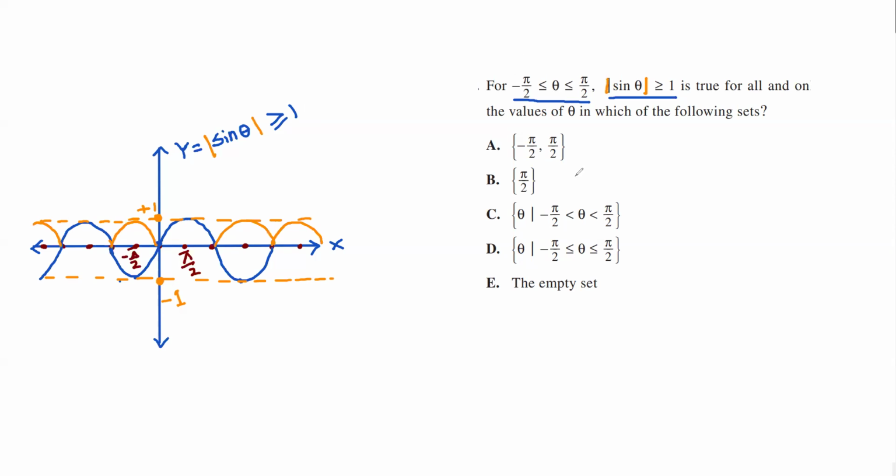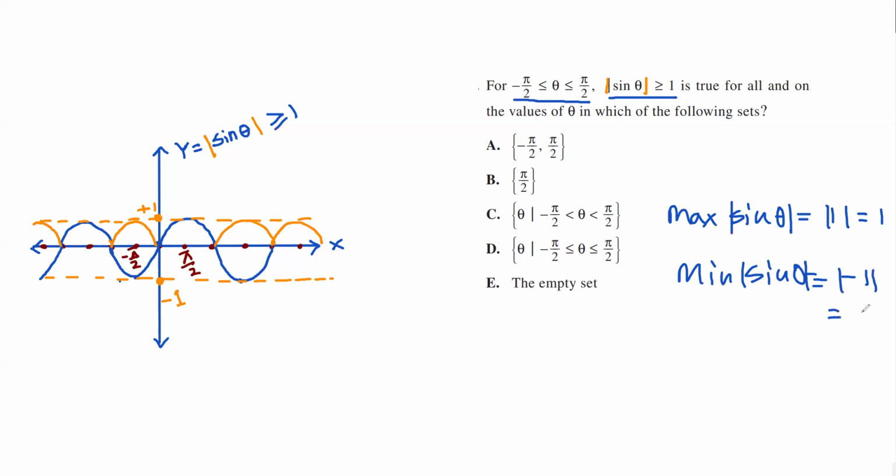The maximum value of sine theta can be 1, and the minimum value of sine theta can be -1. We can see from this graph, right? That's the maximum point, plus 1. This one is the minimum point, -1. And if we take the absolute value of them, it gives you +1, and absolute value of this gives you +1. So absolute value of sine theta cannot be more than 1.